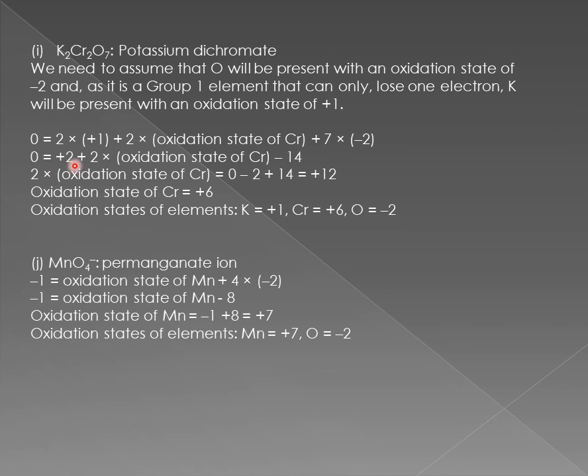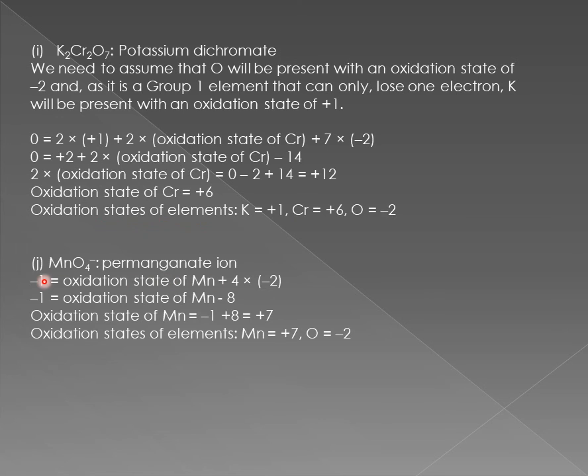So 0 equals +2, plus 2 times chromium, -14. The -14 will move to the other side, it will be +14, and the +2 will move to the other side, it will be -2. So 0 minus 2 plus 14 equals +12. So chromium will be +6, because 12 divided by 2 equals 6. So potassium +1, chromium +6, oxygen -2.